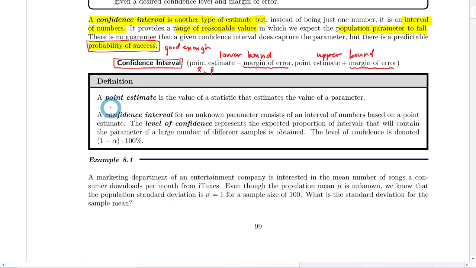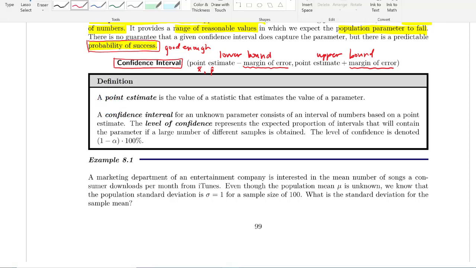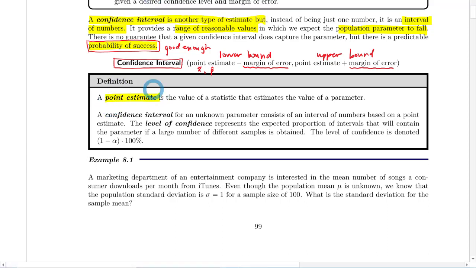So the first thing we'll need is a point estimate, either the mean or the population proportion. A confidence interval for an unknown parameter consists of an interval of numbers based on the point estimate. Now we need to talk about this probability of success.